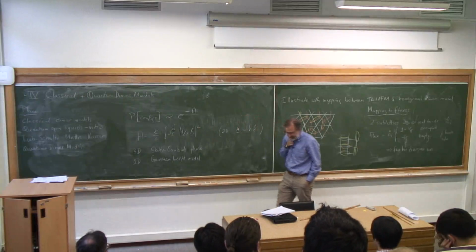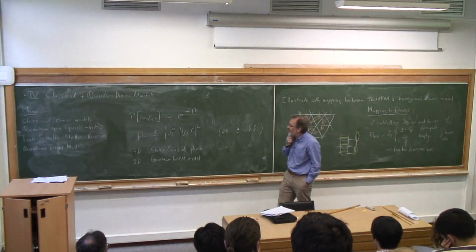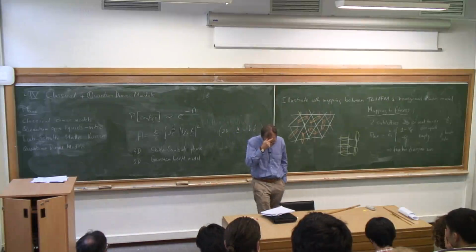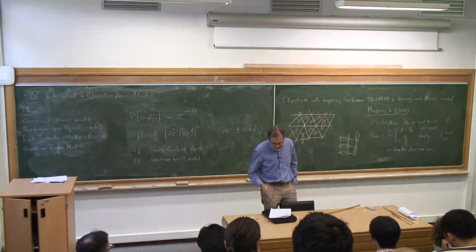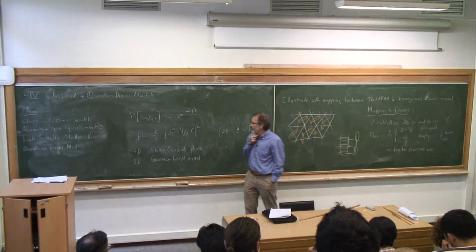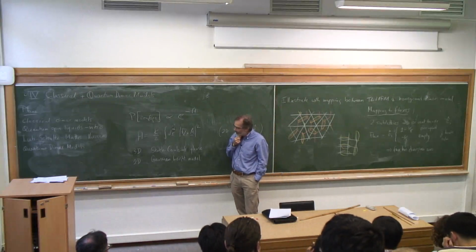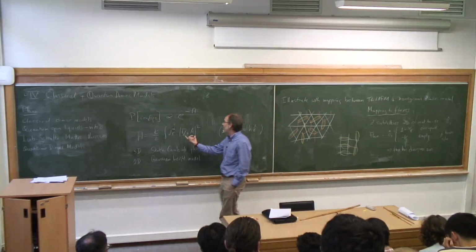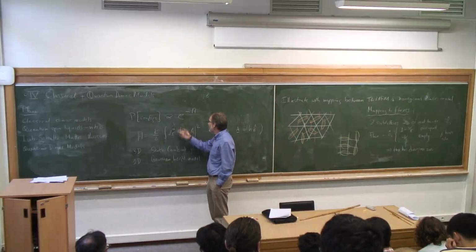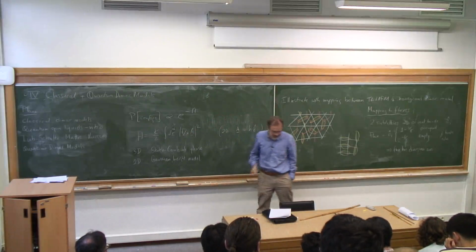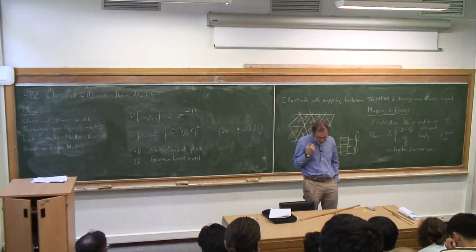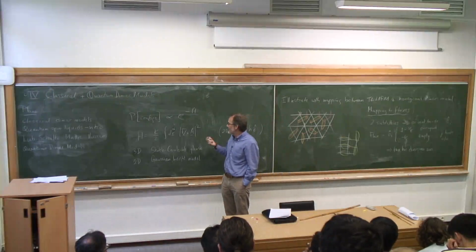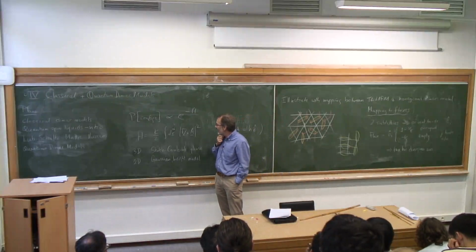A few people asked me about this after the last lecture, and the way to look at it is in the same sort of way that you think about constructing Landau-Ginzburg theory. The point is that you're basically doing a power series expansion for the density that appears under the integral, and you want to write down all the terms that are allowed by symmetry.